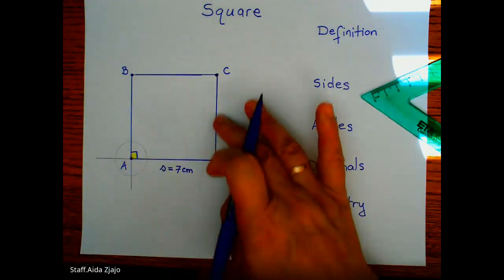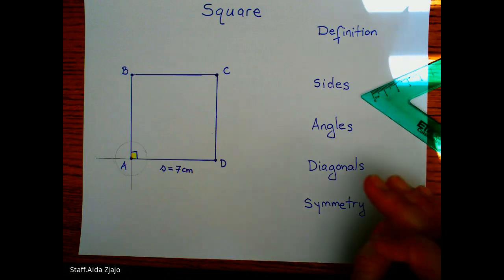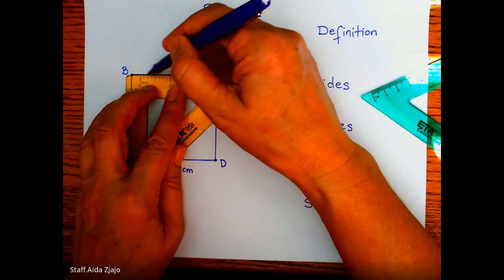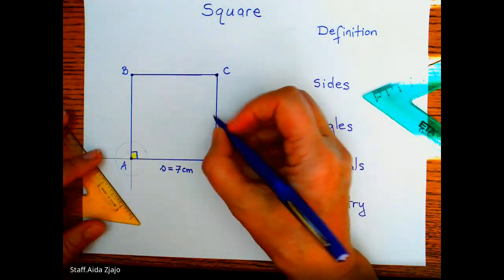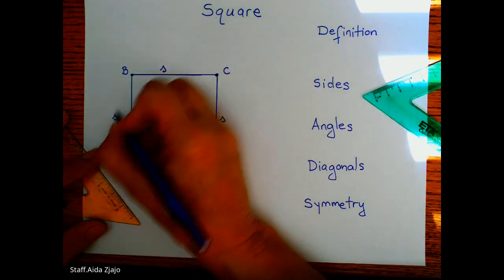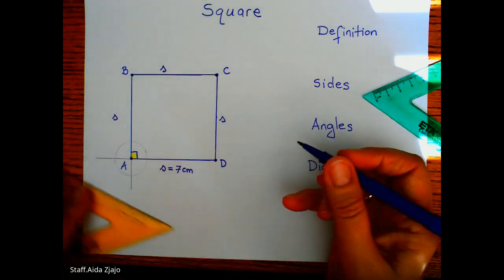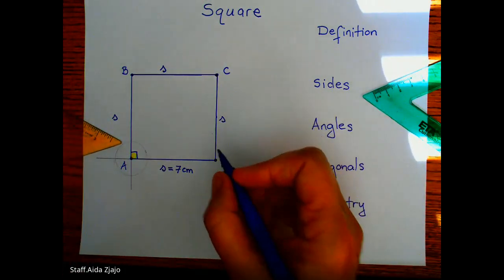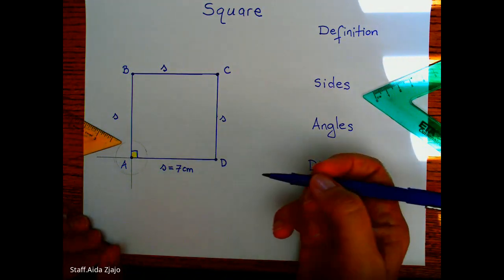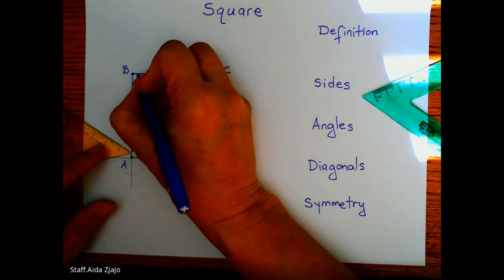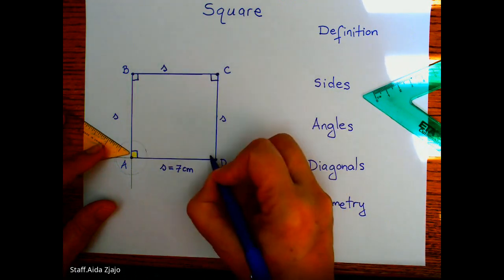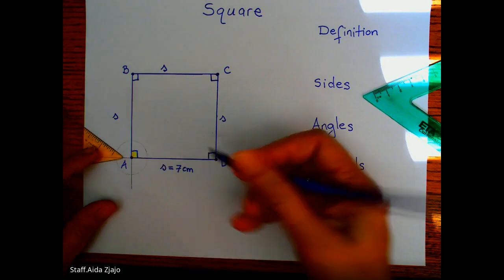I don't need to label all of these because I know that it's a square, but if I would like to, I can, because this is S, this is S, and this is S side. So everything is a side, and every side is 7 centimeters. And also every angle is 90 degrees. So a square has 4 right angles.